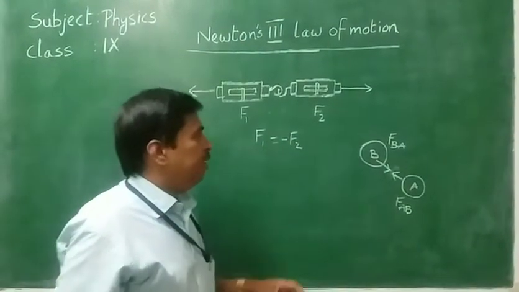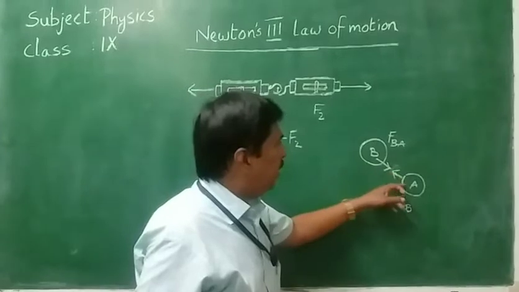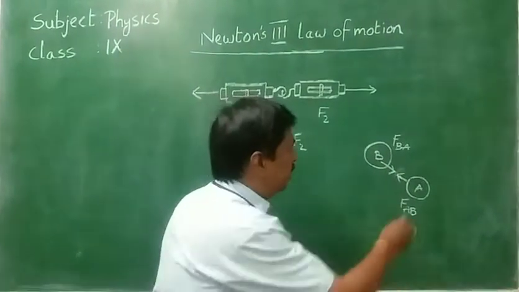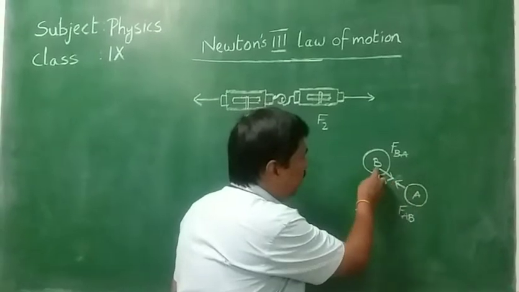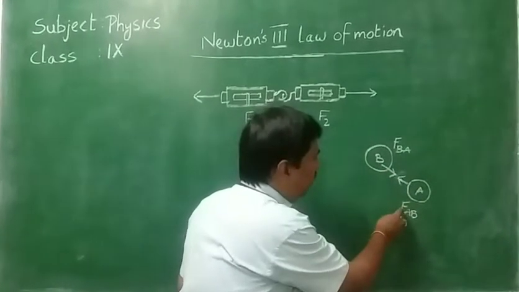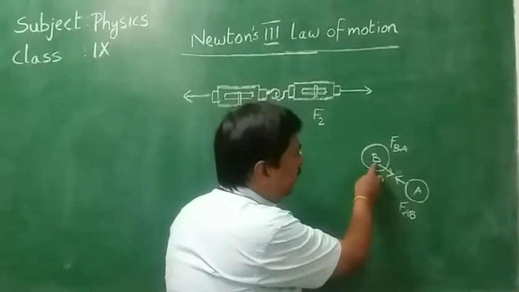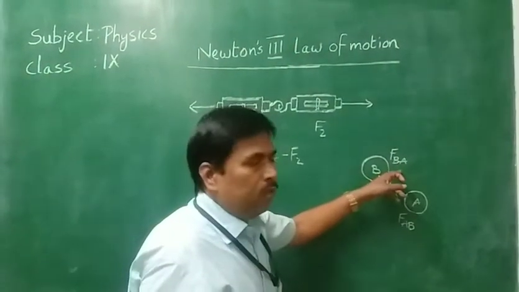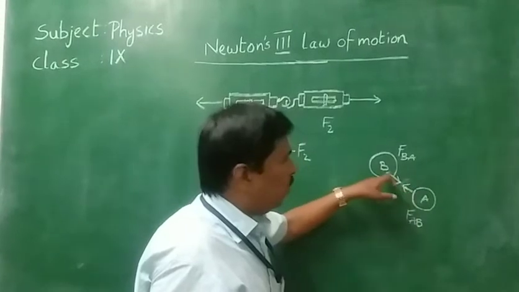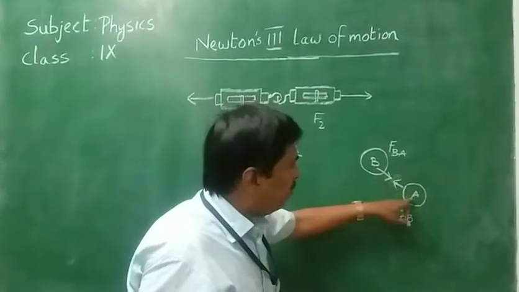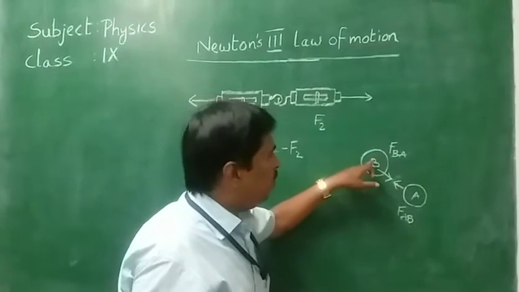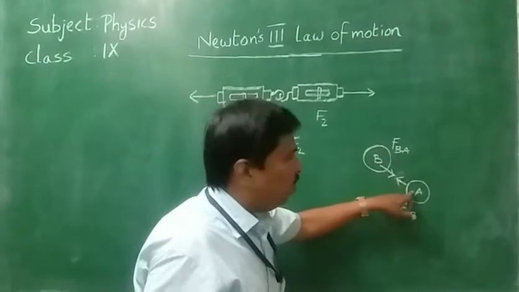Similarly, whenever an object A collides with another object B, what happens? The A object applies a force on the B object, that is FAB, and the B object applies a force on the A object, that is FBA. Whenever both objects collide, the force applied by the first object on the second object is equal to the force applied by the second object on the first object.